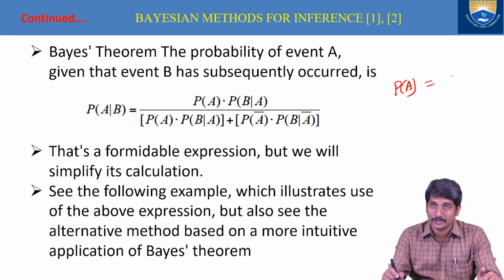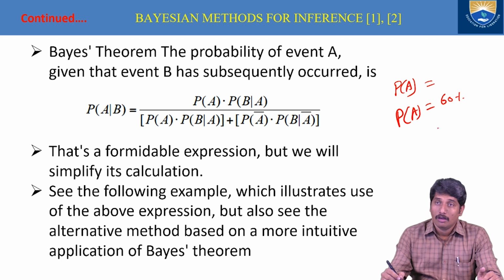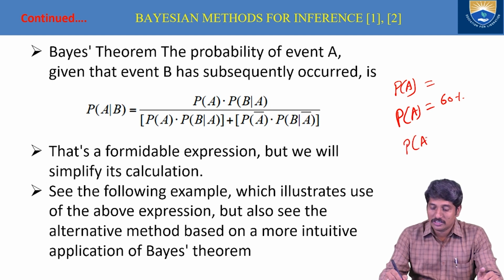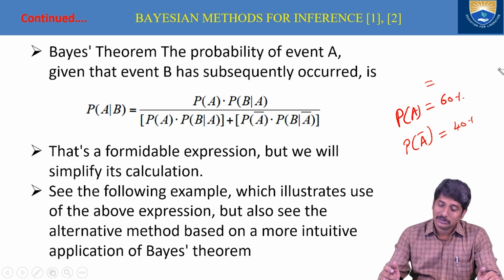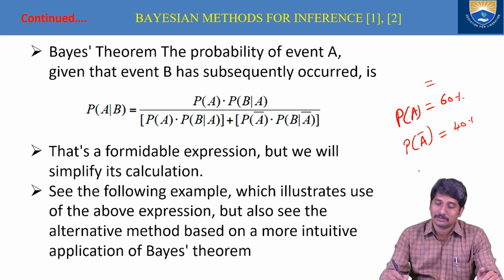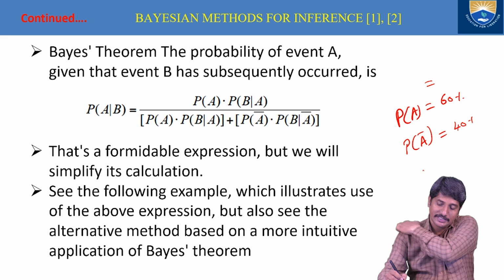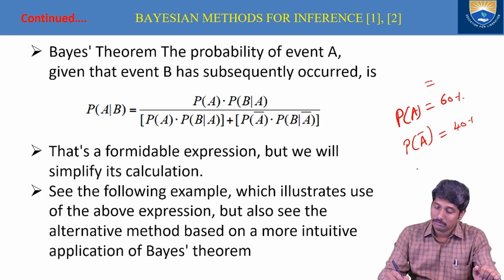For example, the probability that India will win the match is P of A, say 60%. The probability that India loses the match against England is, say, 40%. Now, you have the latest information, that is B.